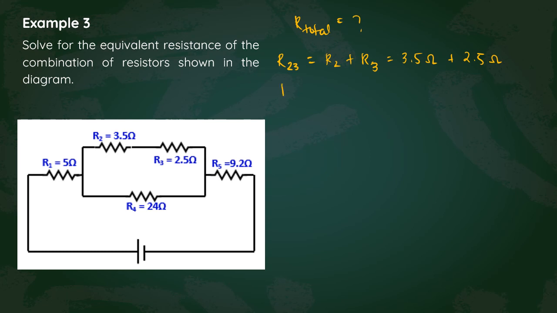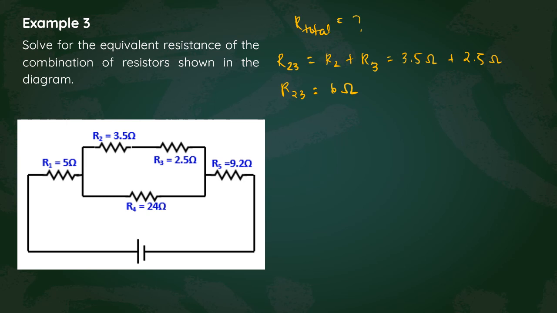Therefore, R23, or the resistance of 2 and 3, is 6 ohms. So what happens now is that you already have simplified these resistors and you can treat them as one resistor already.